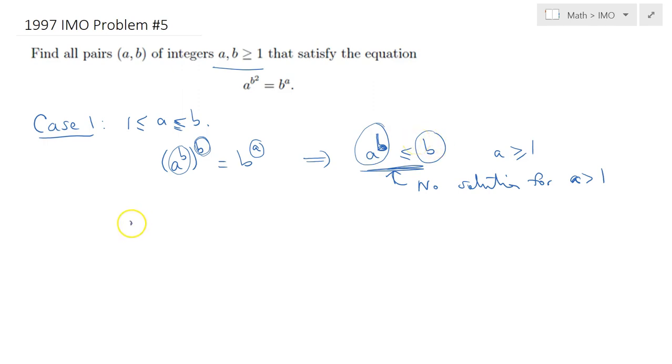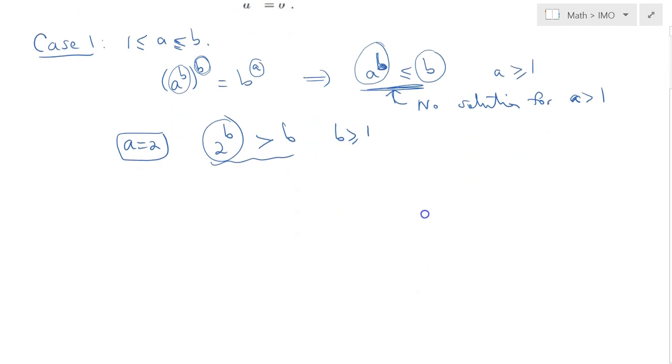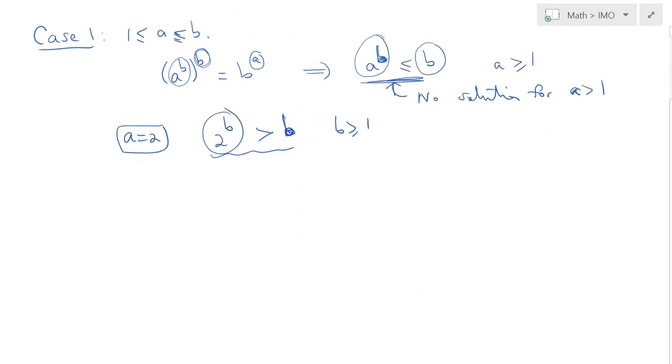For example, if we consider the least of these, a is equal to 2, we would have 2 to the power b, and I claim that this is strictly greater than b for every b greater than or equal to 1. There are numerous ways to prove this. You can make a graphical representation, for instance. Let's quickly do that. So this function, 2 to the power b, will look like this.